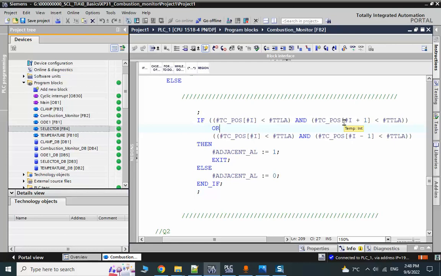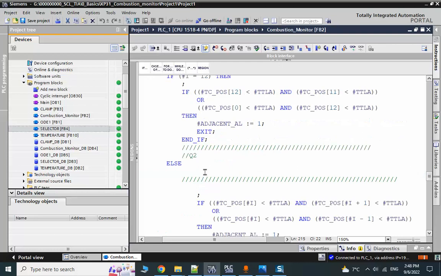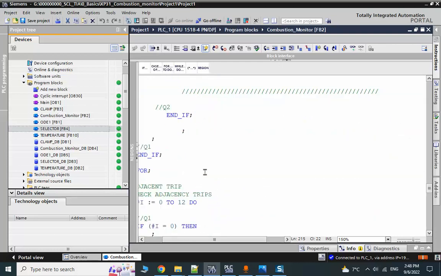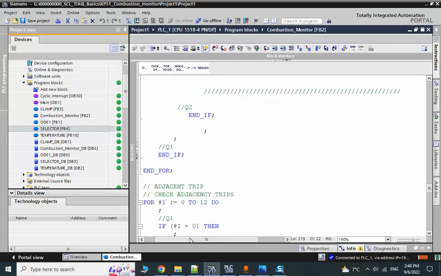Because it's a loop, we need to treat the adjacency in boundaries differently, and in the rest of the thermocouples we use this formula. So if we have at least one of the adjacency true, we generate alarm and exit, and if none of them is true, we make the adjacency signal 0, and that's finished. This is for the adjacency alarm.